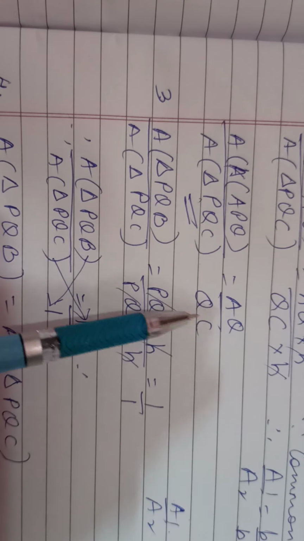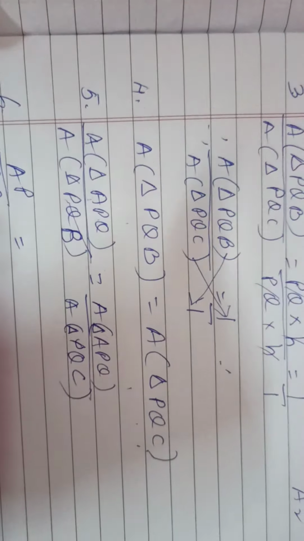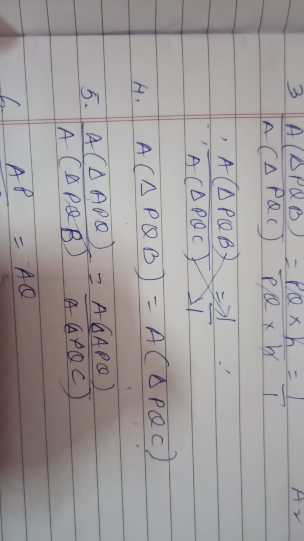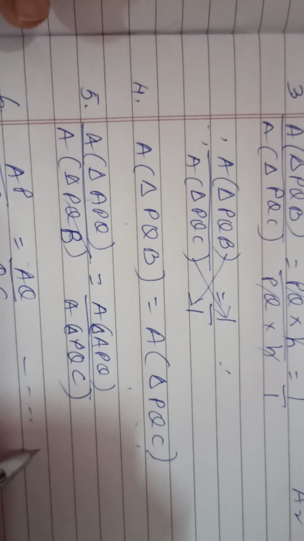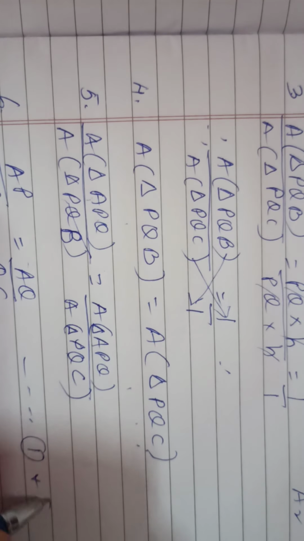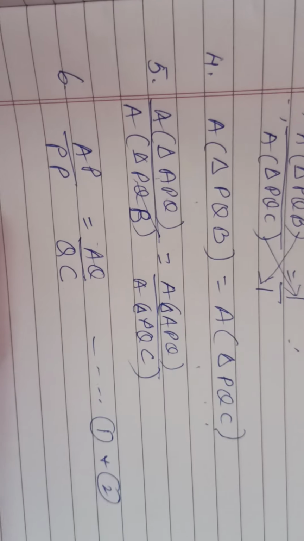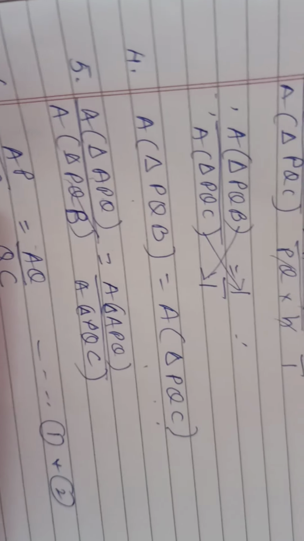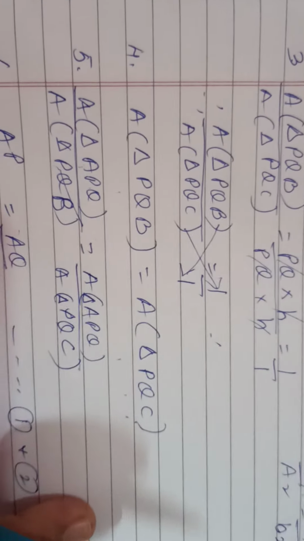AQ upon QC. So AQ upon QC. This is from statement 1 and 2. From statement 1 and 2, hence we have proved the theorem.